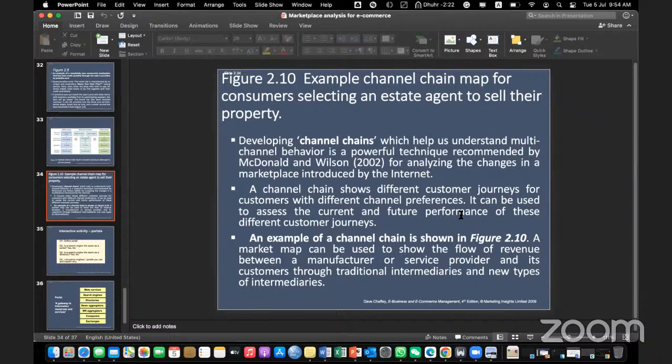Secondly, a channel chain shows different customer journeys for customers with different channel preferences. It can be used to assess the current and future performance of these different customer journeys. An example of a channel chain is shown in figure 2.10. A market map can be used to show the flow of revenue between a manufacturer or service provider and its customers through traditional intermediaries and new types of intermediaries.